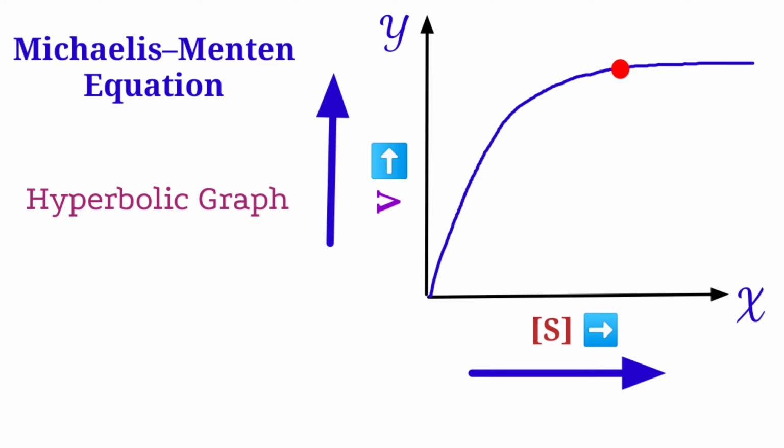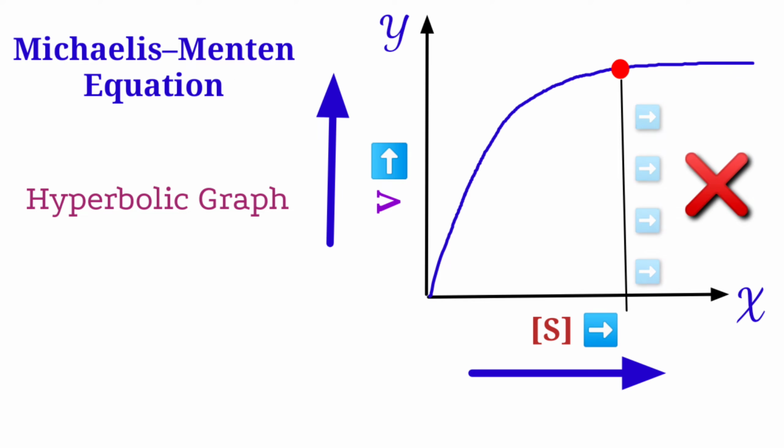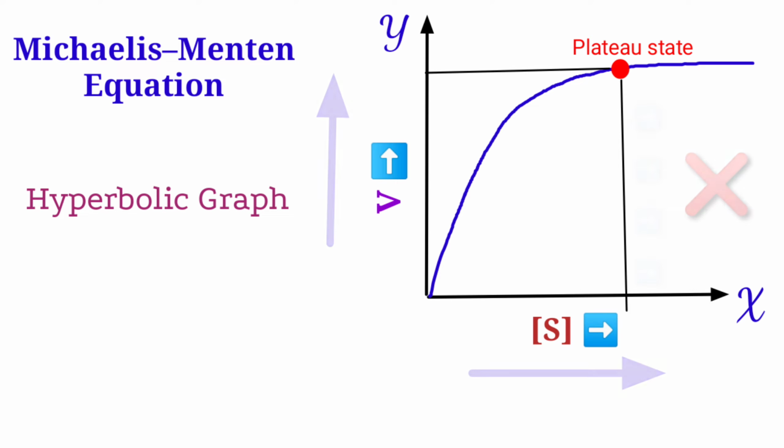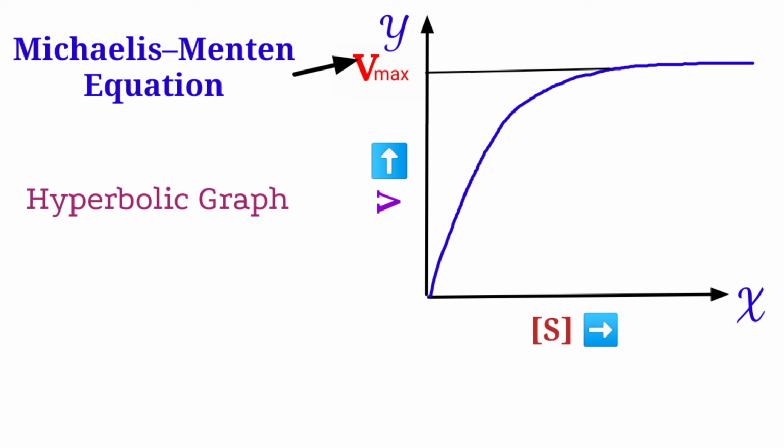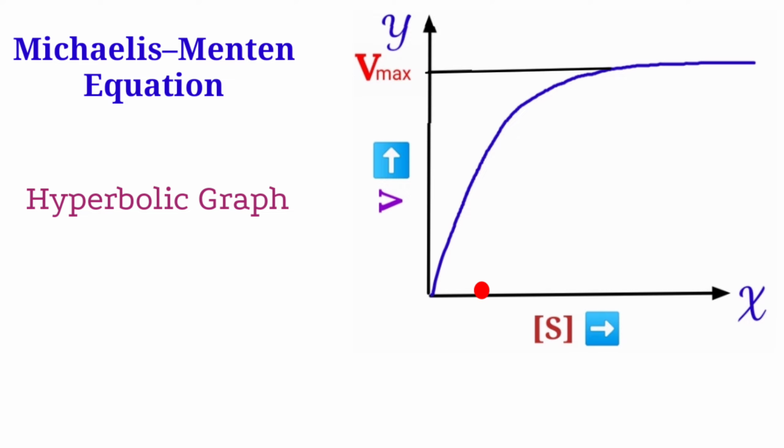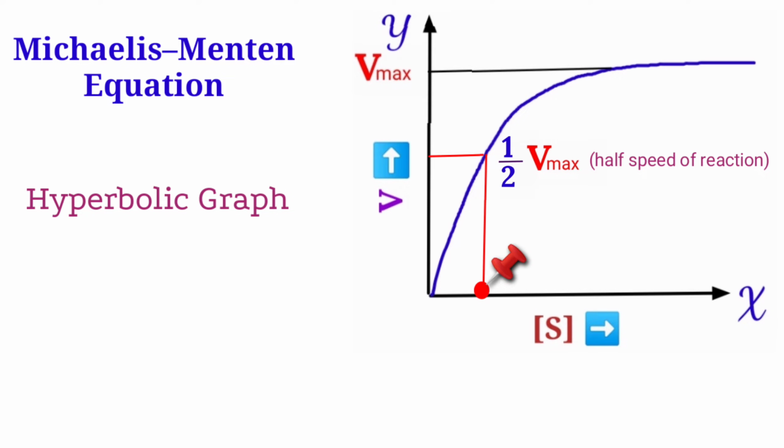But at a certain point, increasing the substrate concentration will have no effect on the velocity of the reaction. It is a plateau form, which we call the maximum velocity or Vmax. The substrate concentration where half the velocity is attained is depicted as the Km value of that reaction.